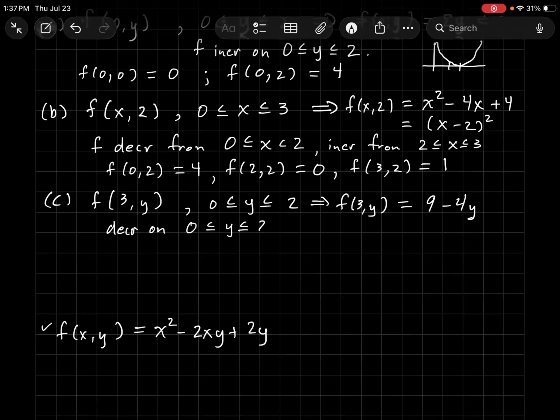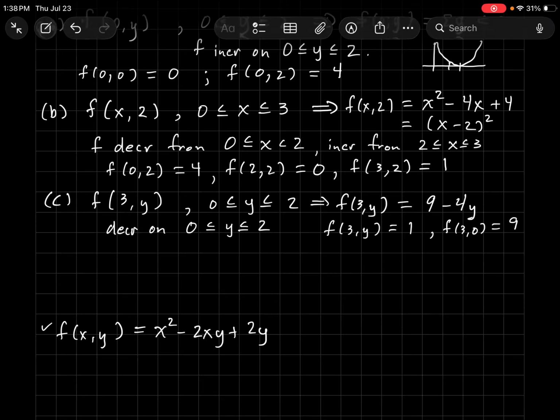That is 0 less than y less than 2. Now I already know f of 3, 1 equals 1. And then I can find f of 3, 0, which is 9.